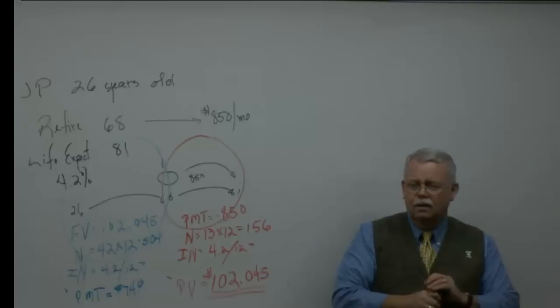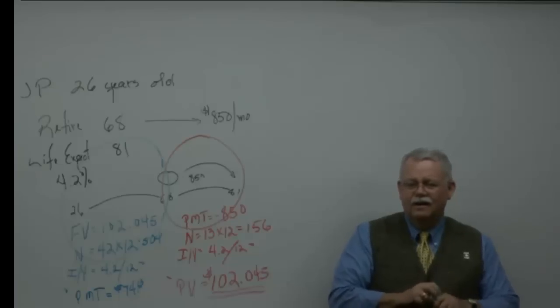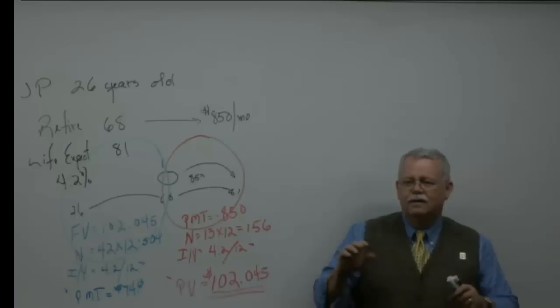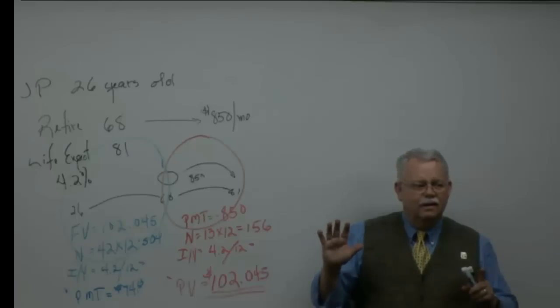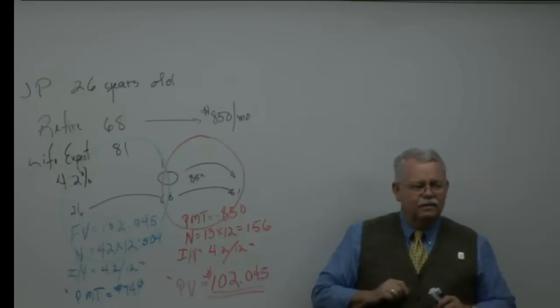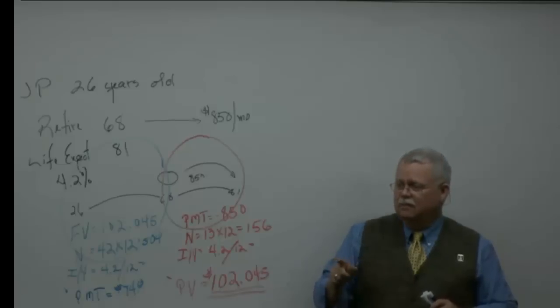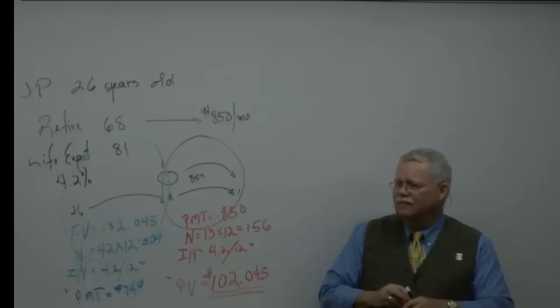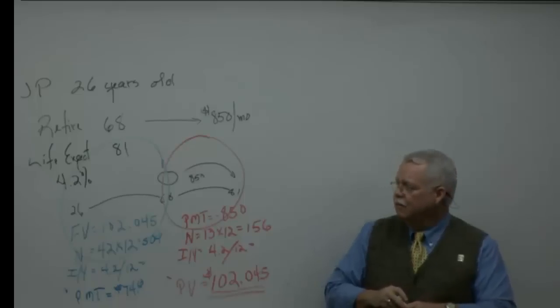I'm going to write this on paper and then try to do it. Oh, I did it wrong. Since you don't have a PV and an FV, you don't have to make any of them negative.